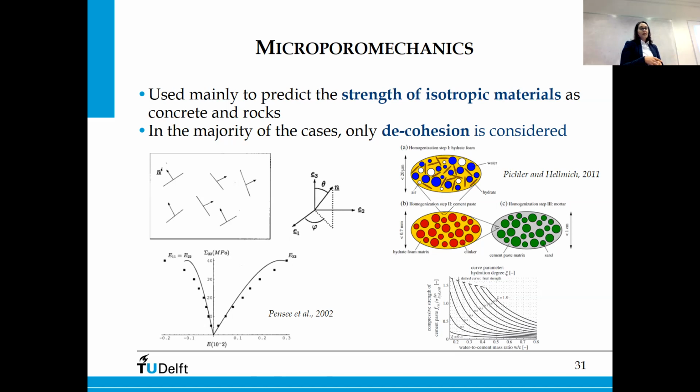Here below you can find two examples. On the left is a rock, where they use different randomly oriented cracks, and on the right it is used to describe the hydration process in concrete and derive, based on the water-cement ratio, the strength properties of the concrete. This technique, however, because it is based on linear elastic fracture mechanics, considers only the cohesive mechanism and not yet friction.